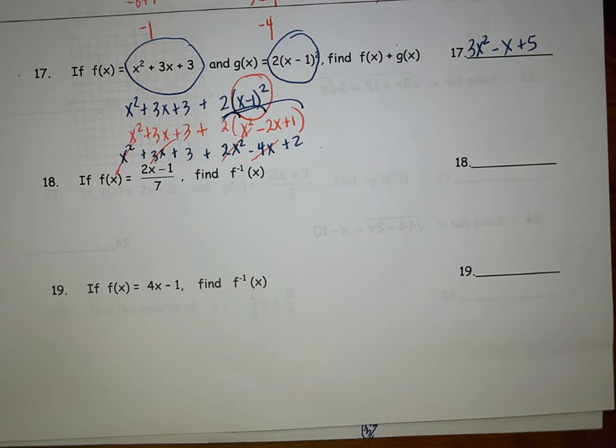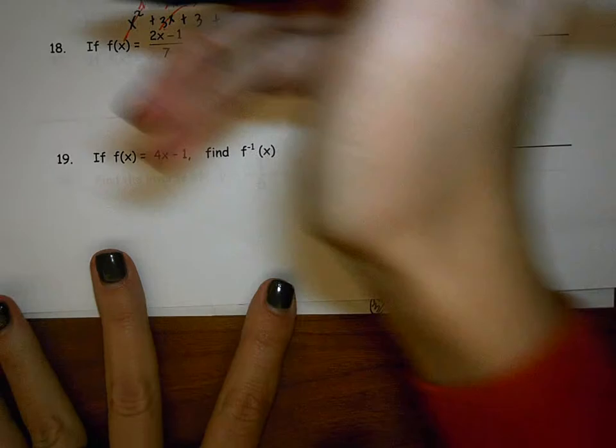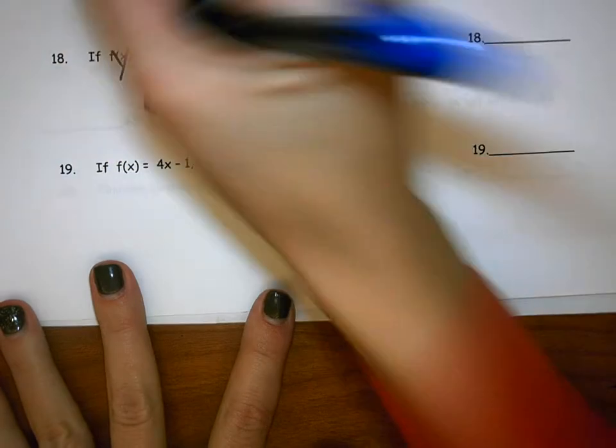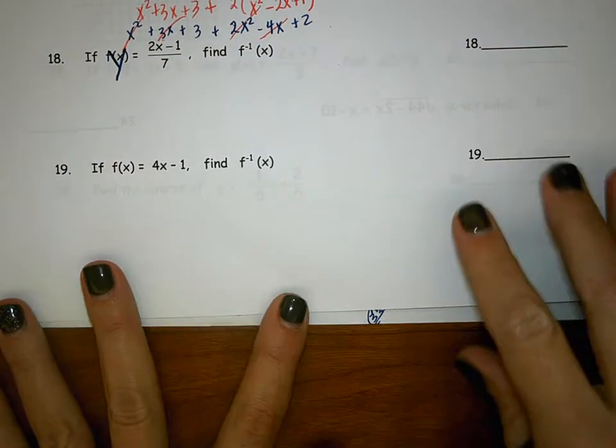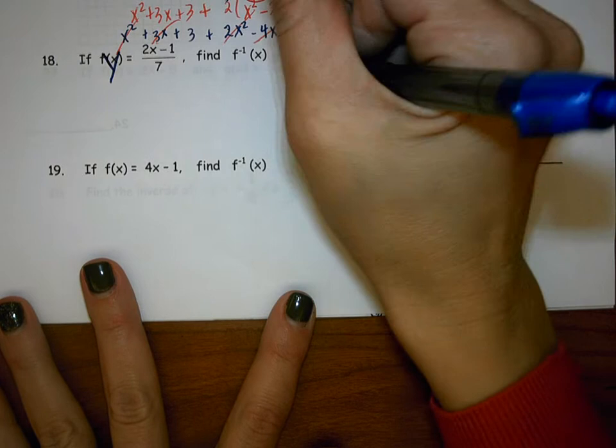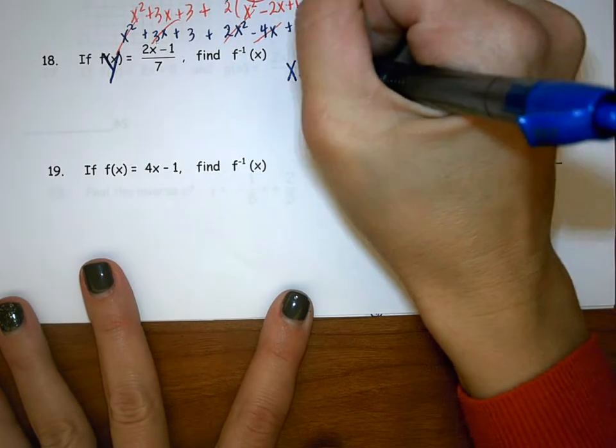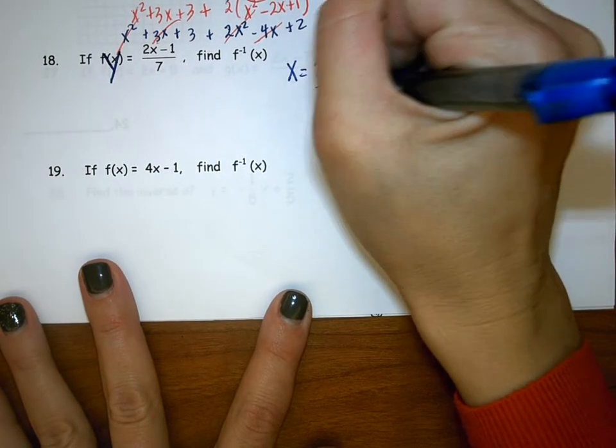Okay, 18. When you're finding the inverse, what are we doing? Exchanging x and y. So this really is y. So if we exchange x and y, when I rewrite this, I write this as x equals 2y minus 1 all over 7.